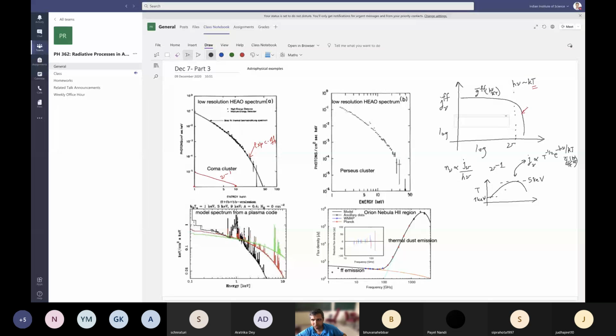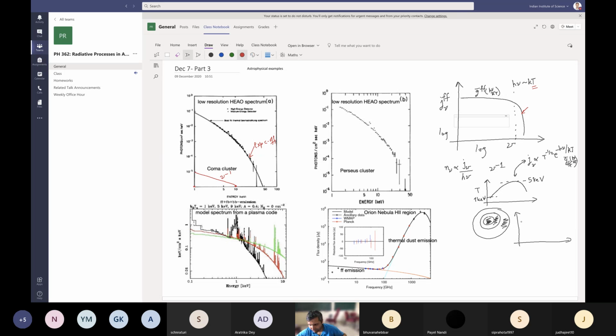Okay, so let me tell you what's happening. If there is a range of temperatures, these different shells will have slightly different temperatures. So you add up Bremsstrahlung due to this temperature, Bremsstrahlung due to this temperature shell, and so on, and because of this variation in temperature, you're basically doing something like this.